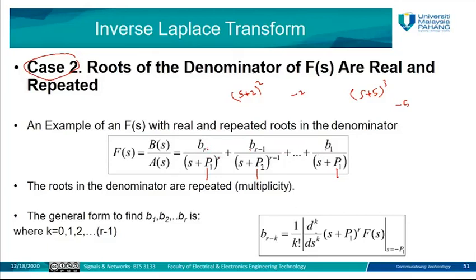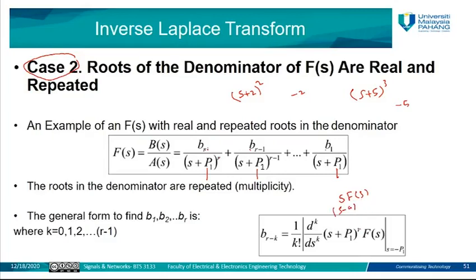Then this value will be multiplied by the derivative with respect to s of the function times F(s). Previously, we needed to multiply each pole times F(s): s times F(s), (s minus a) times F(s), and so on.